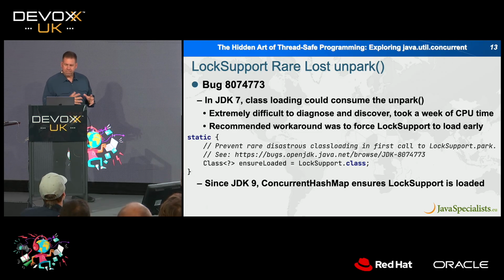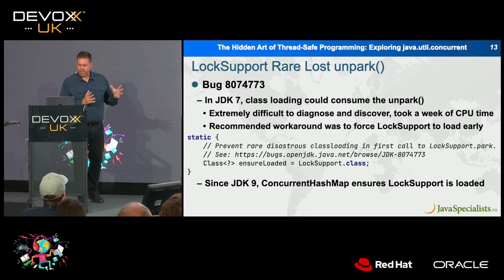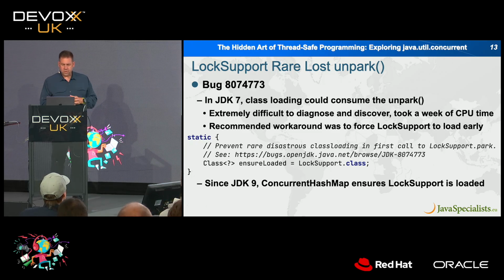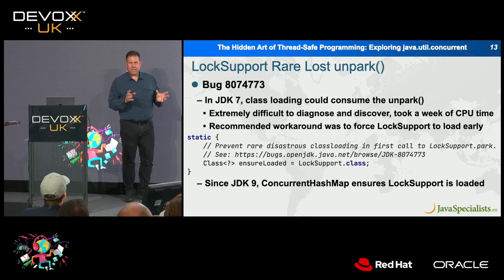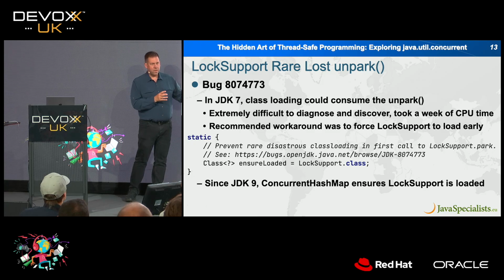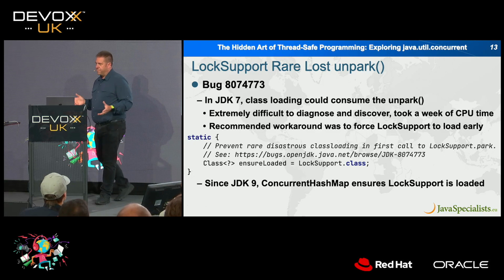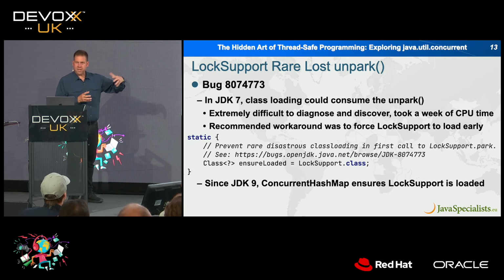So there's a very weird bug, or was a very weird bug. I don't know if it's still there, but I still haven't got clarity on this, which in some very strange circumstances could make it that certain threads that use LockSupport would get stuck. So you start your VM, and your VM starts up, but one thread is just stuck.